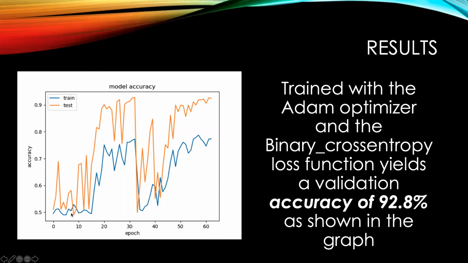In this model, I set the epochs to 100 and set early stopping with a patience of 30, meaning that if the validation accuracy doesn't improve for 30 epochs, it should stop fitting the model and give me the highest accuracy obtained.